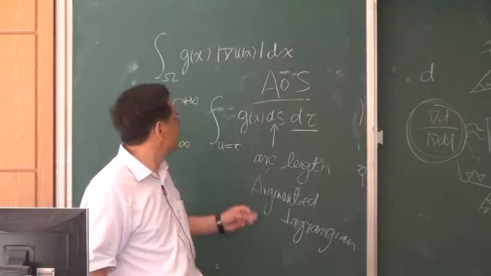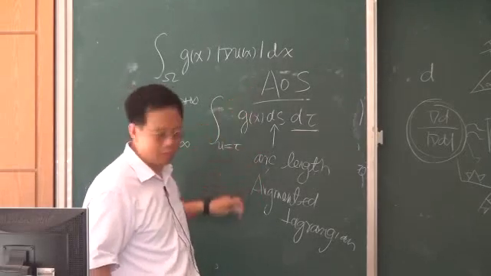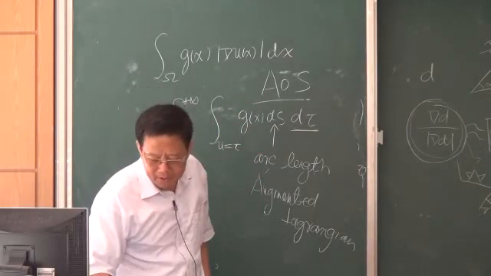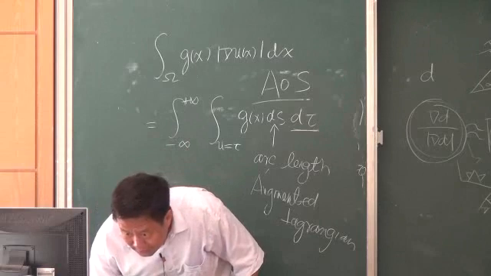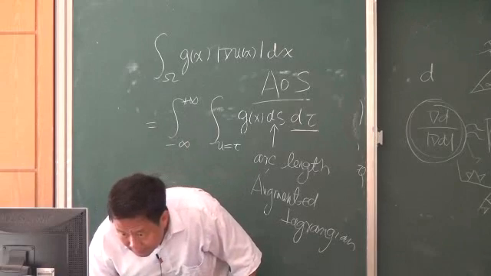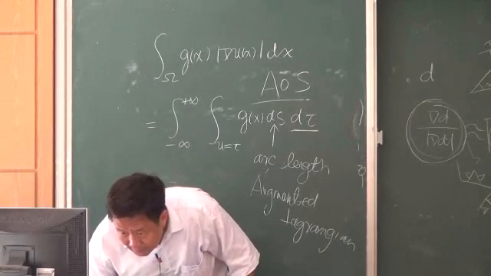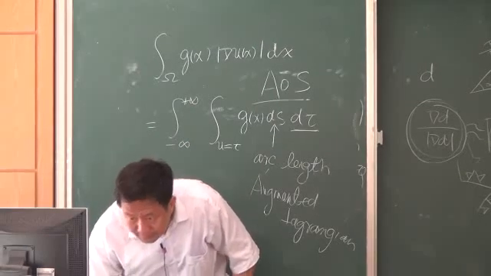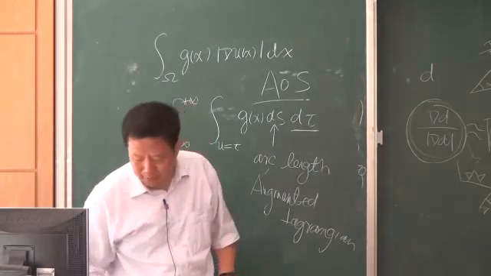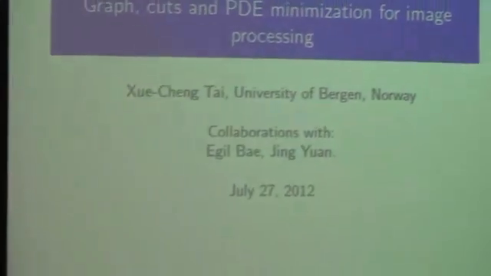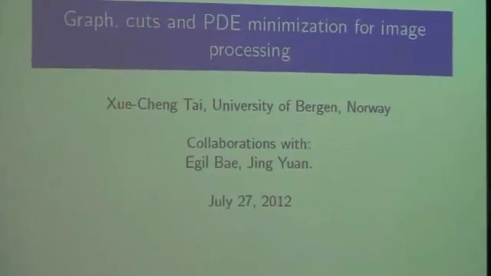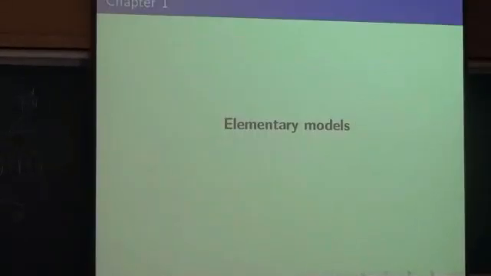I intend to talk about this. Maybe I can also quickly show you what I plan to talk about in the second part. That one we will most probably start from next Monday. I will talk about graph cuts and convex minimization for image processing.